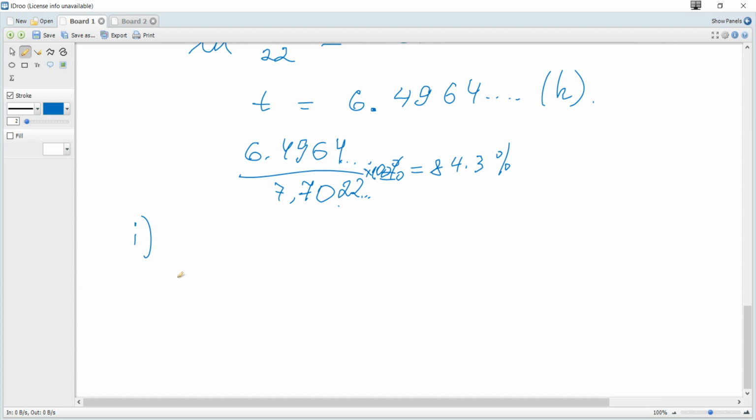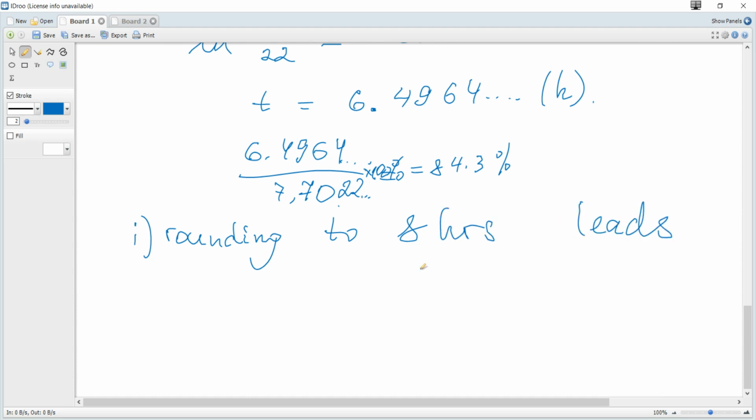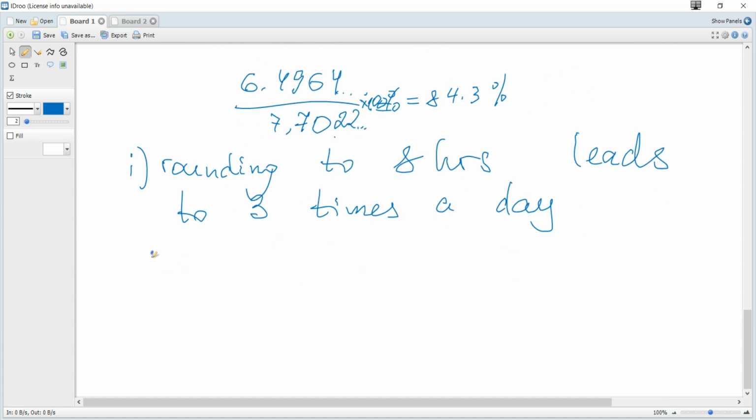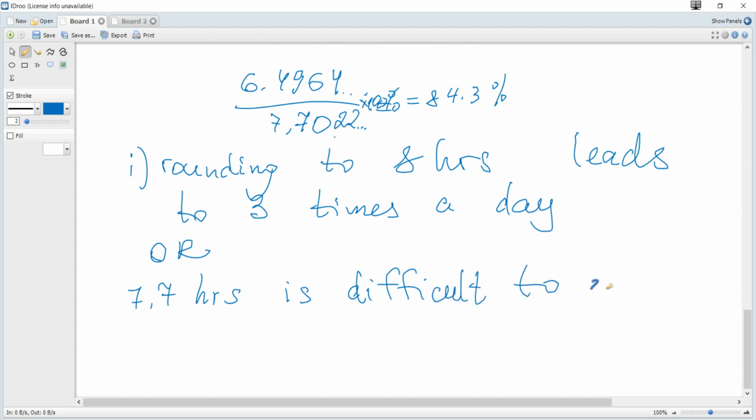So for example, rounding to 8 hours leads to 3 times a day. It means just easy to schedule. Or 7.7 hours is difficult to schedule.